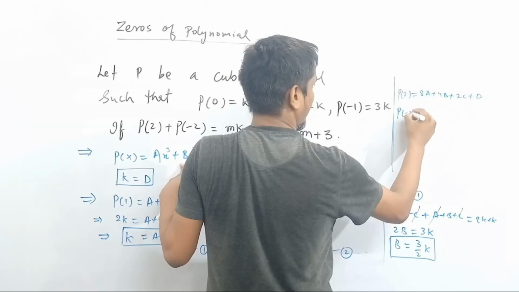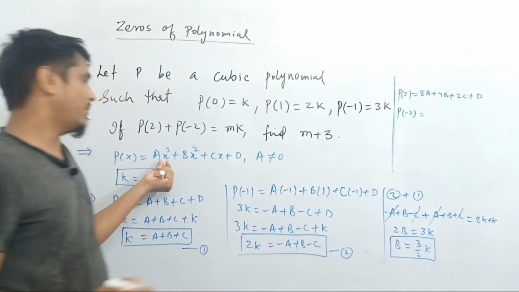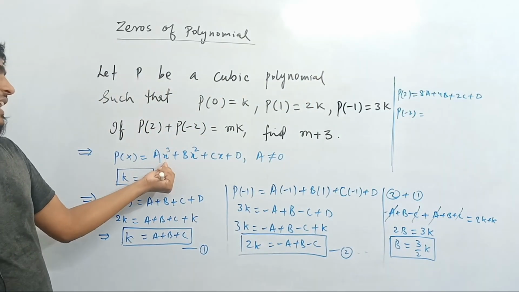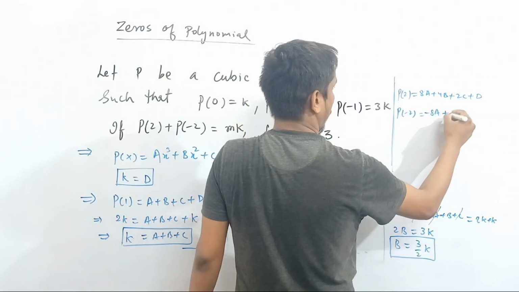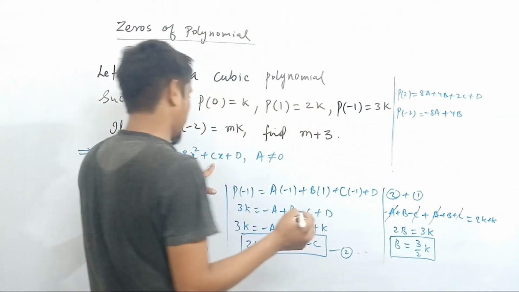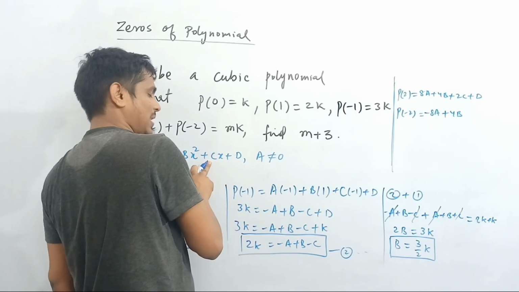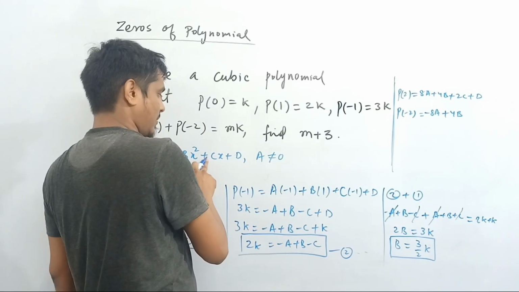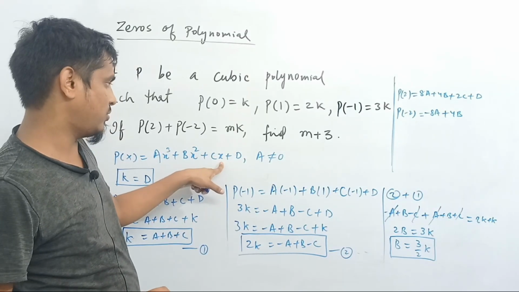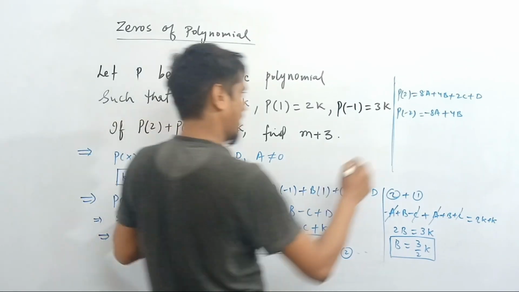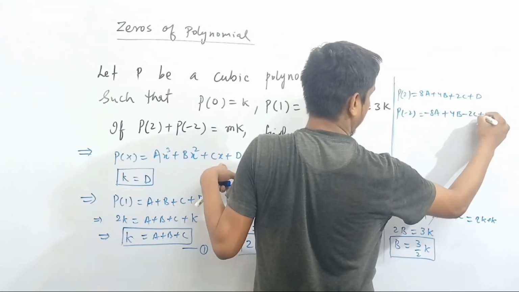And p negative 2 is going to give us negative 2 power 3, which means negative 8a, and then plus 4b, and minus 2c, because if we are substituting x is equal to minus 2, so minus plus minus, right? That is going to give us negative 2c and then plus d.